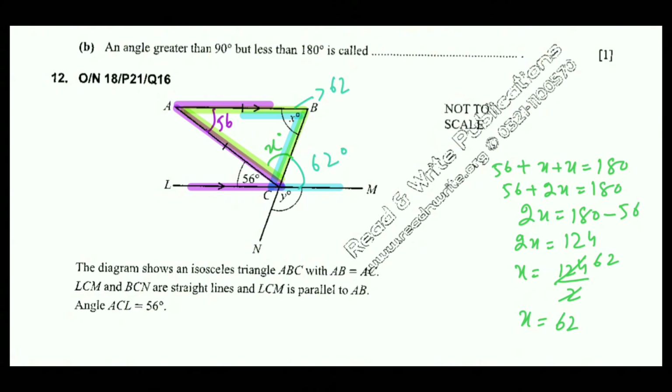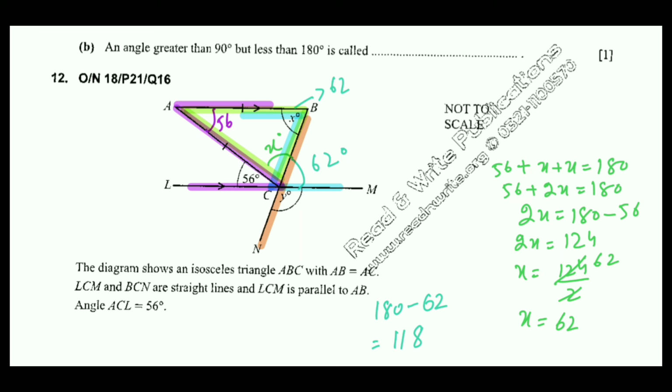So by using the angles on a straight line property, now we can find angle y. This is a straight line. It is also given in the question that BCN is a straight line. So what we can do here, 180 minus 62, that is 118.